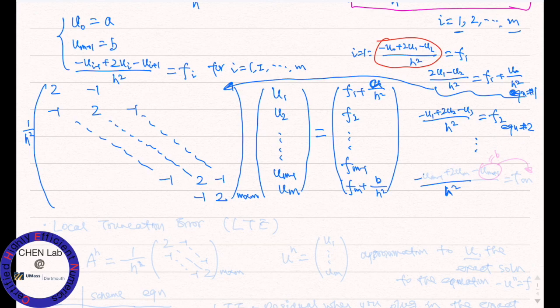So that's negative u m minus 1 plus 2 um is equal to fm. Again, you move this guy to the right because that's equal to b. Okay, this brings us the last row.